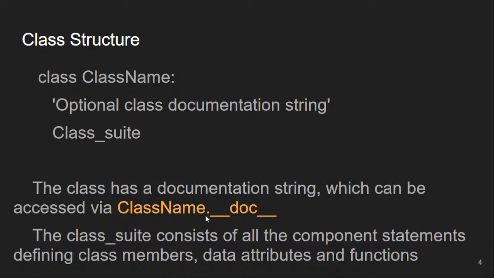Anytime you see something between double underscores, they are special functions in Python, and these words are reserved. So you have to use them as you see them in the documentation. This particular function, doc, with preceding and trailing underscores, helps you get the documentation string of that class.